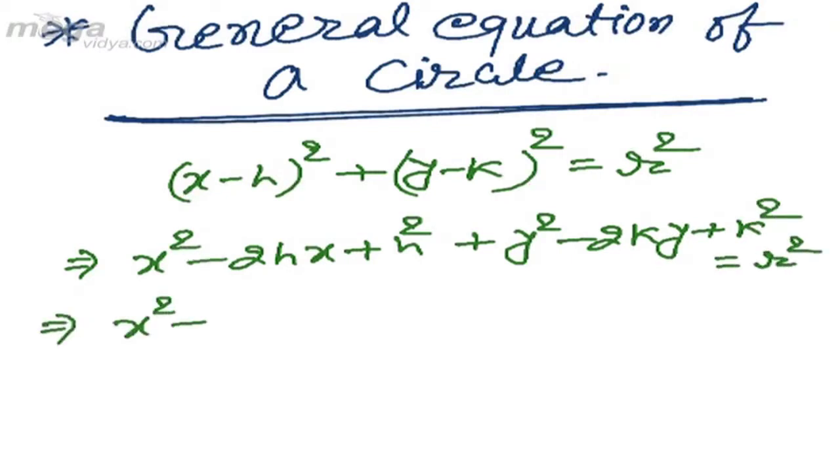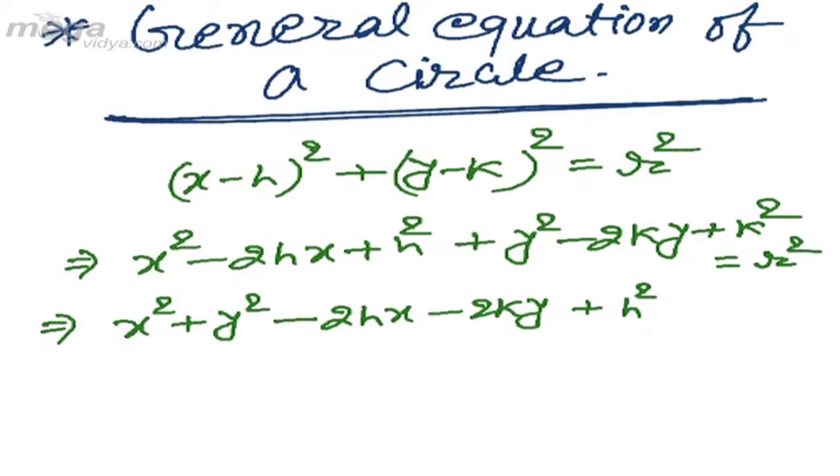Now we can write it as x square plus y square minus 2hx minus 2ky plus h square plus k square minus r square is equal to 0.